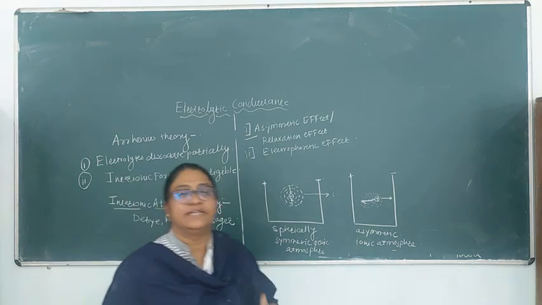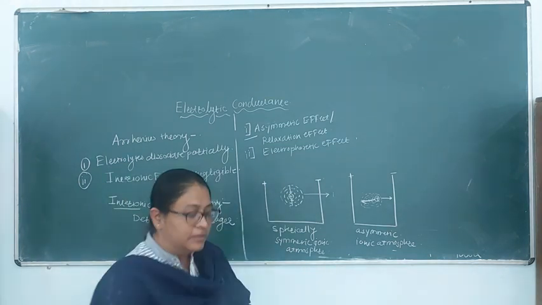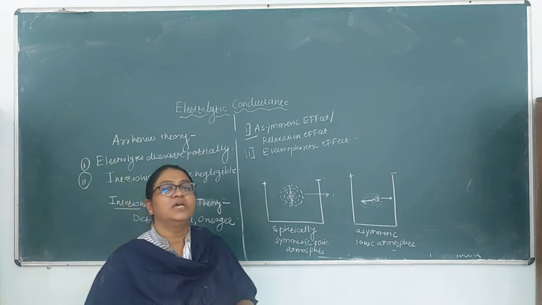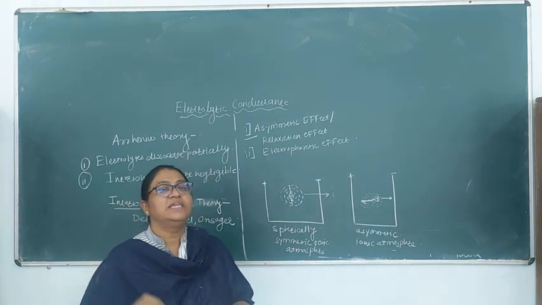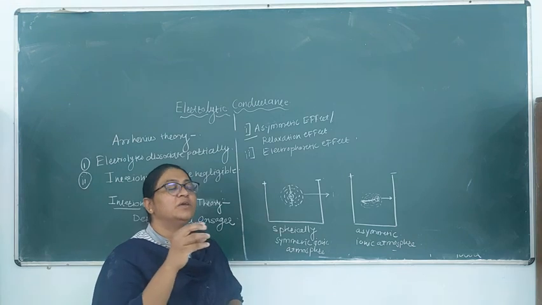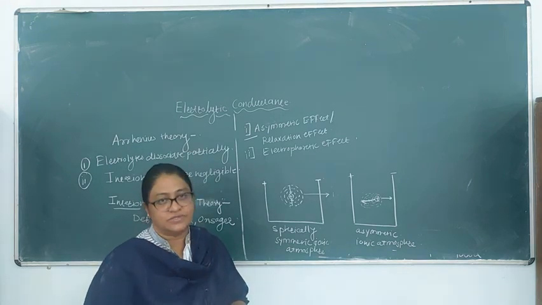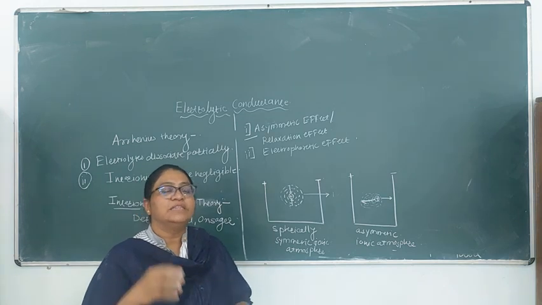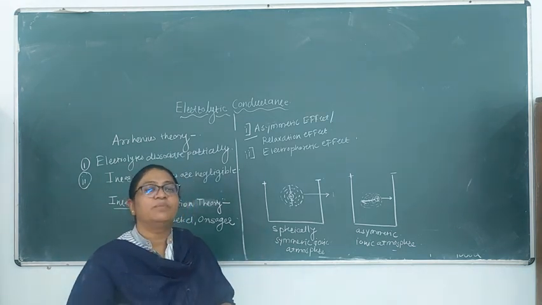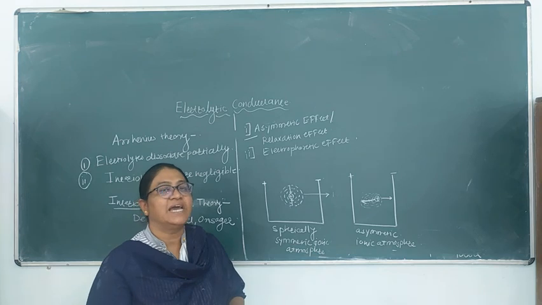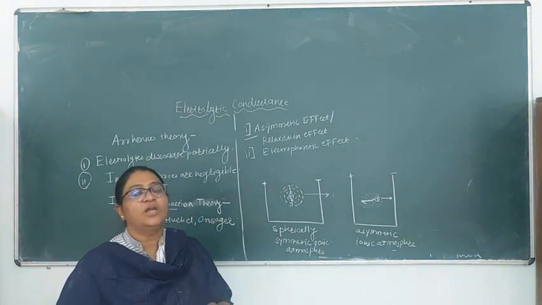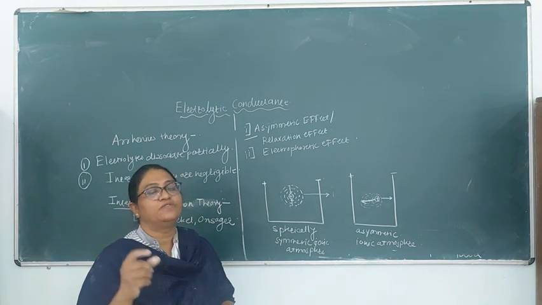Now what is this effect? The ions which are present in the solution are surrounded by the solvent molecules. That means if you make a solution in an aqueous medium, the ion is surrounded by water molecules. We say that the ion is hydrated, and this hydration depends on the charge to size ratio of the ion.